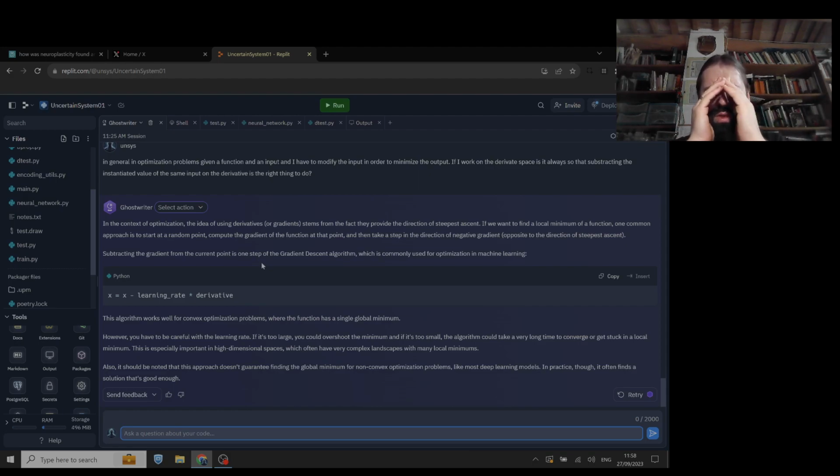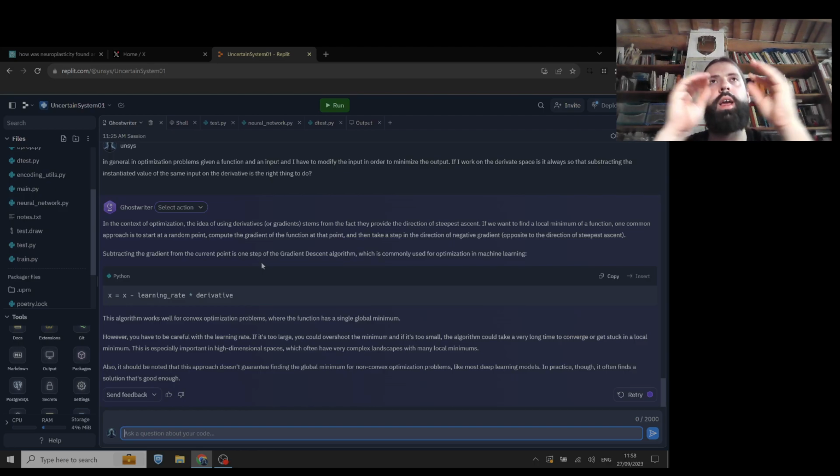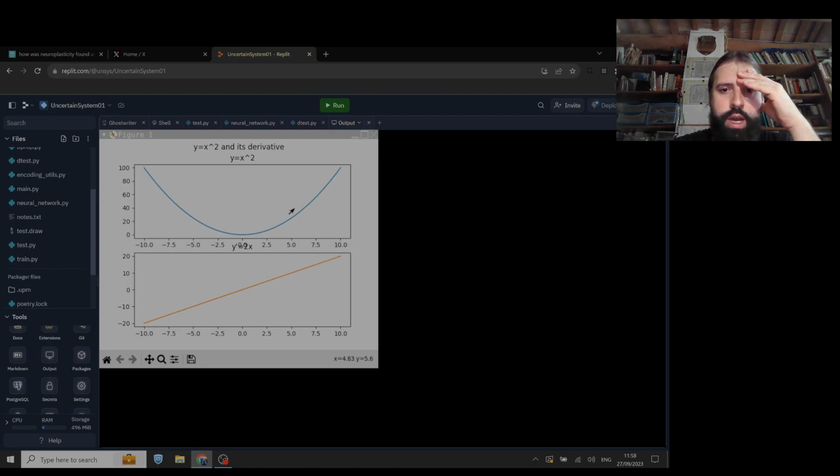The derivative itself encodes the rate of change, right? If I have an input that's 5, and I input that into the derivative, it's going to tell me the rate of change at that moment.